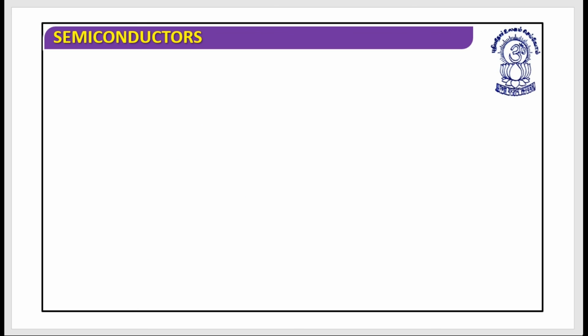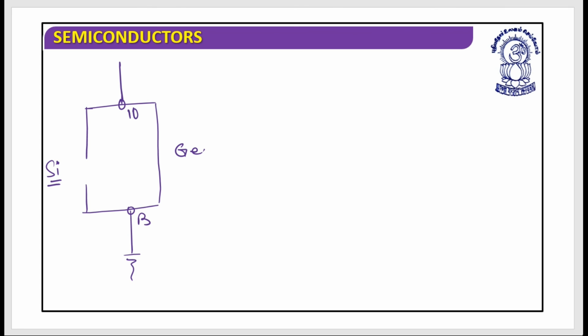When only 0.3 volt was available, this germanium diode will behave like this, and this was the silicon diode. This is point B, this is point A, which equals 10 volt.